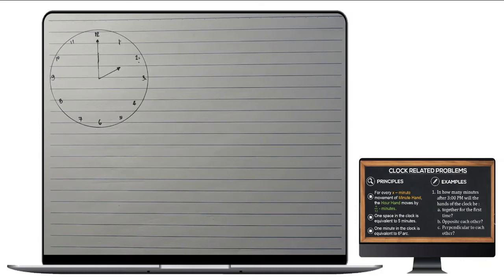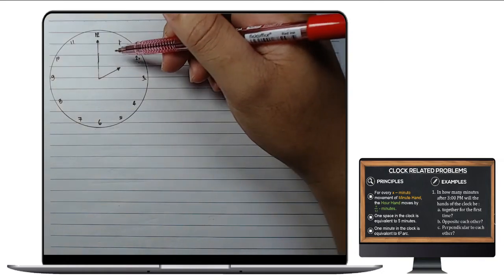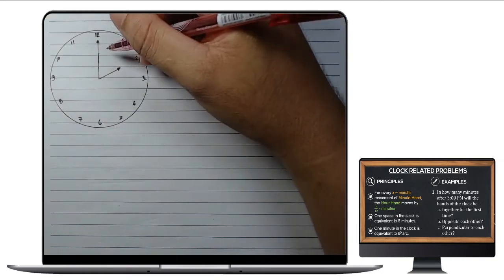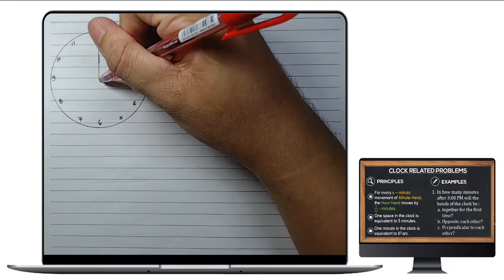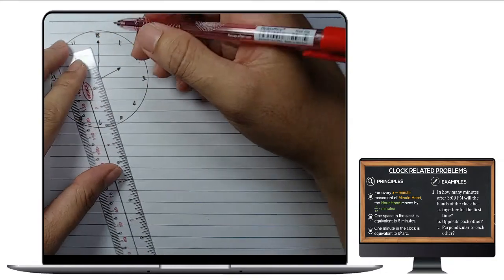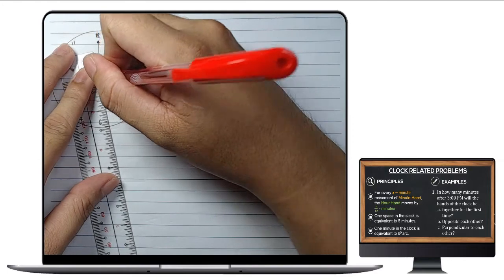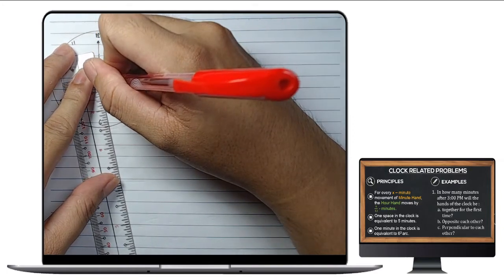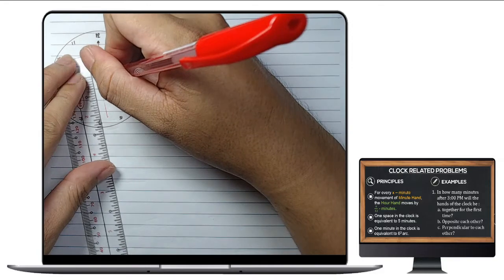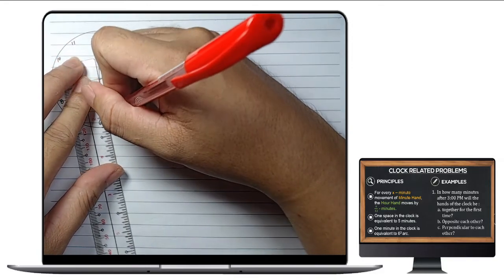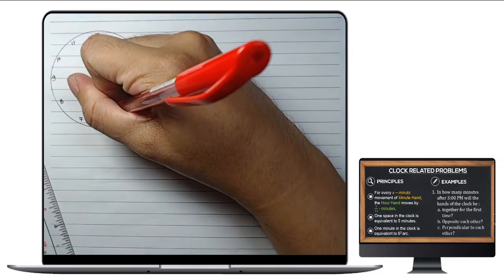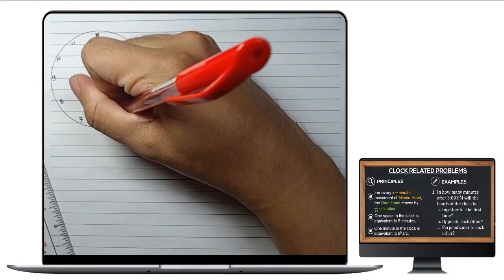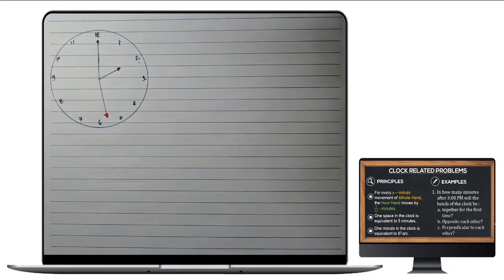So let's say from 2 o'clock, after some time, after certain minutes, the minute hand, let's say napunta siya dito. Nandito lang si minute hand, after some time.